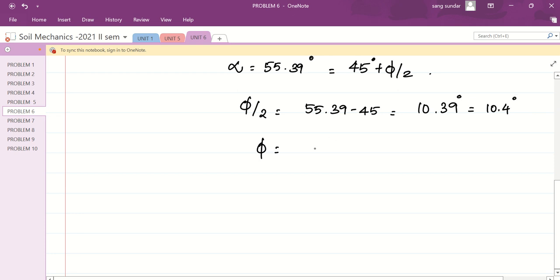So here our phi is almost equal to 20.8 degrees. So this is our phi value. So we have determined our shear parameter.